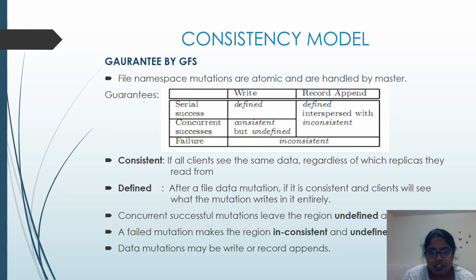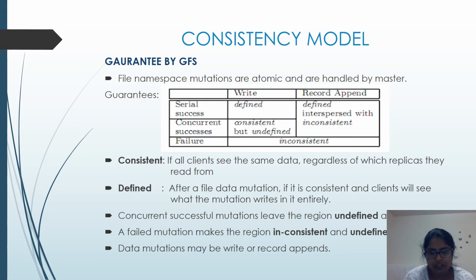Concurrent successful mutations leave the region undefined. A failed mutation makes the region inconsistent and undefined. Data mutations may be writes or record appends. Mostly the data mutations will be record appends.